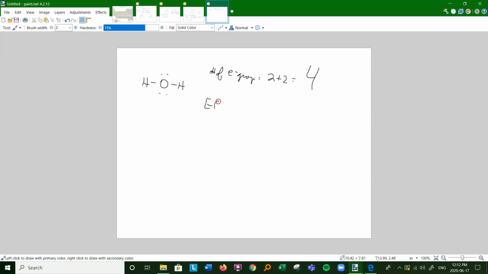Therefore, those 4 groups try to get away from each other as much as possible. So the egg is tetrahedral, and the molecular geometry is bent, or angular, or V-shaped. Those are other names for it. Bent, angular, V-shaped.